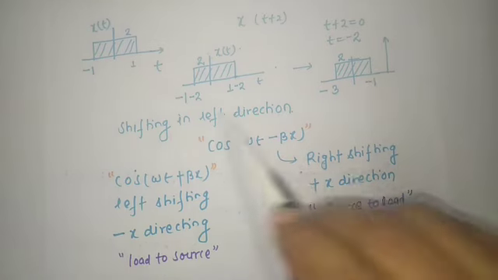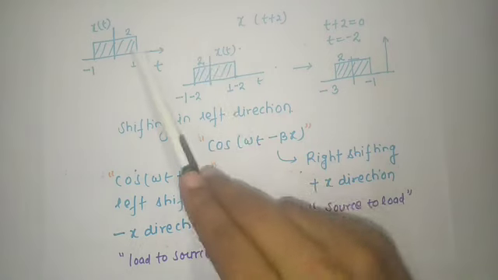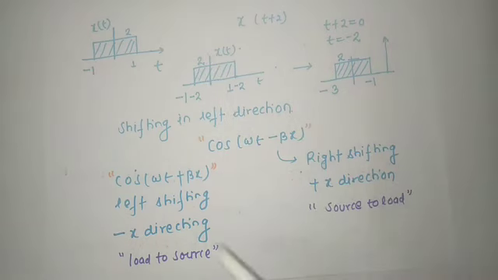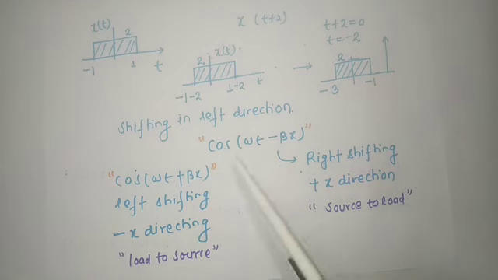You can observe from these two graphs that if you modify the argument of the signal, the signal is shifted. The same concept I am using here. Cos of omega t minus beta x is a right shifting of the wave.